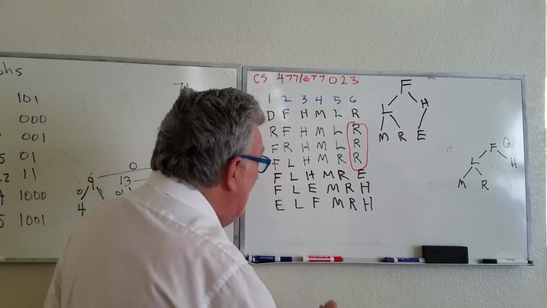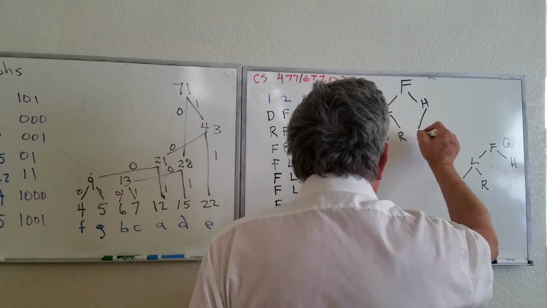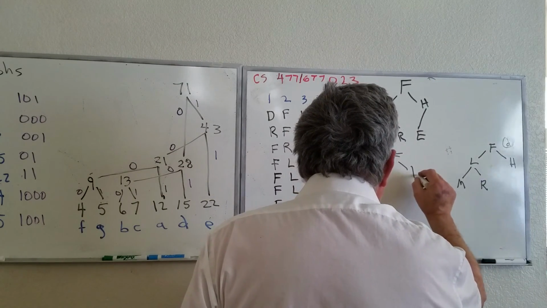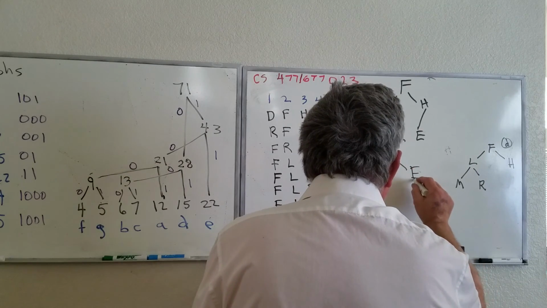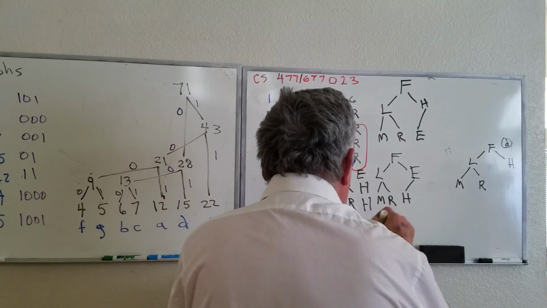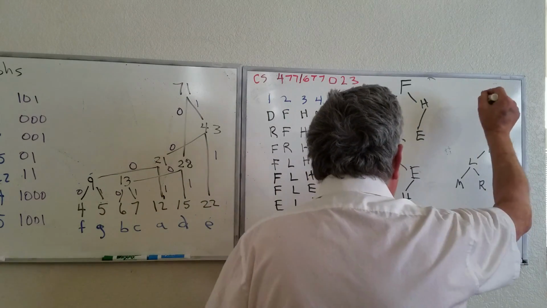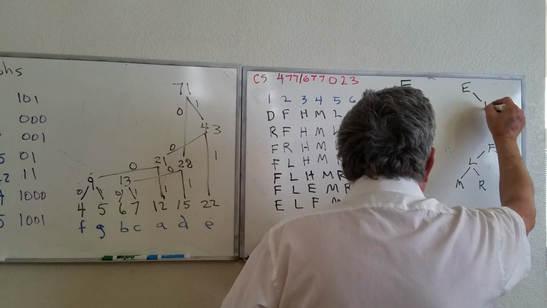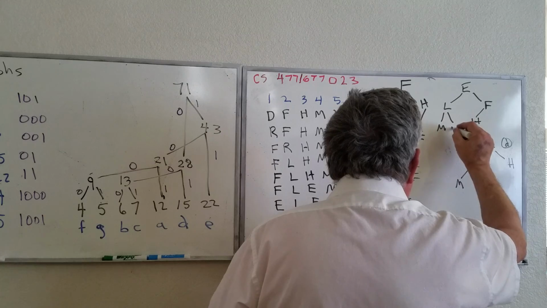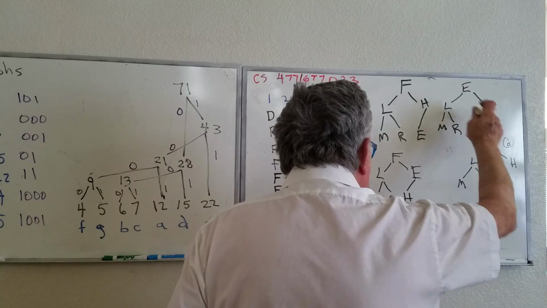Now if we go over to the picture, we can see that this exchanges up, and we have this binary tree there, and one more exchange with the parent gives us this tree here, which is implemented by this array here. E, L, F, M, R, H in level order.